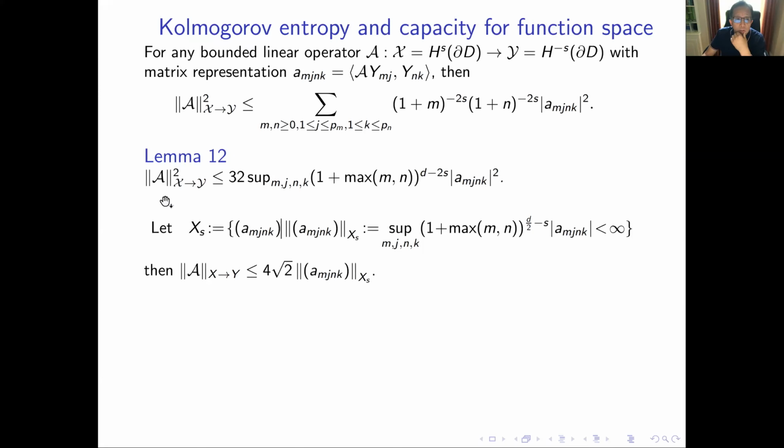So naturally, you know the norm. If you tell me how each spherical harmonic is mapped to the measurement space, this coefficient, again expanded in this basis, if you know this coefficient, then you know this norm is bounded by this, okay?